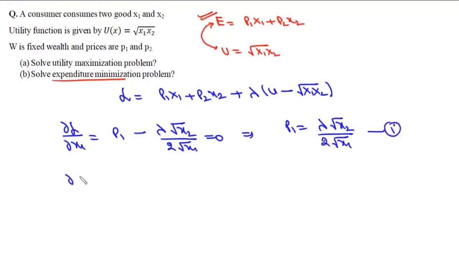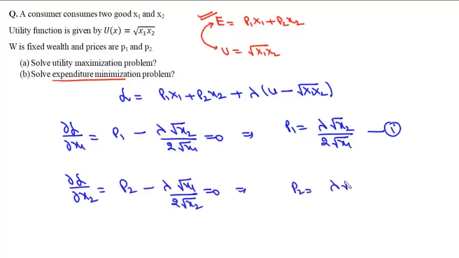Now if we differentiate with respect to x2, we get p2 minus lambda square root of x1 upon twice square root of x2 equal to 0, or we can write p2 equals lambda square root of x1 upon 2 square root of x2, and that's our second equation.